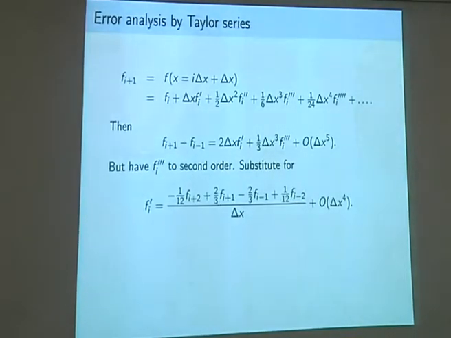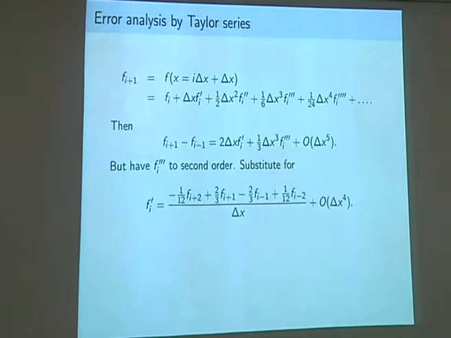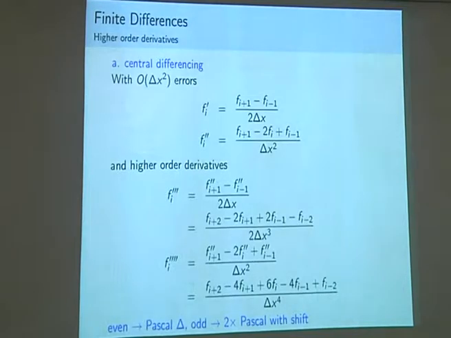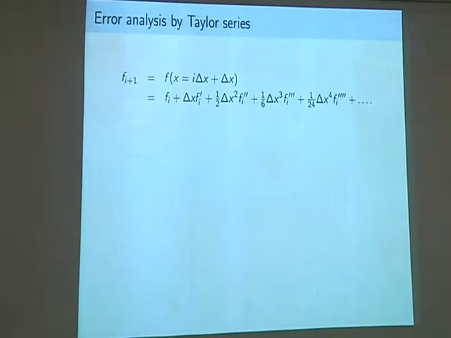You can play the same trick with the second derivative, that is, substitute the Taylor series expansion into the expression for the second derivative, in which case all the odd terms drop out and you just have the even terms in the Taylor series. So we'd pick up the first term, but that all cancels, the second term and the fourth term.